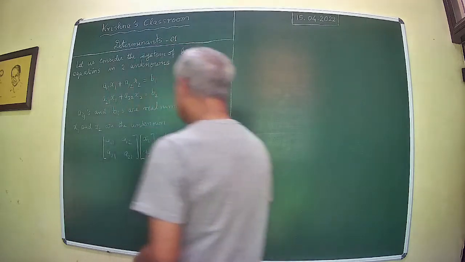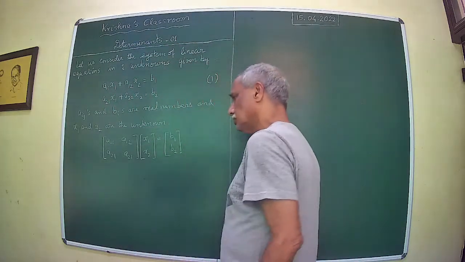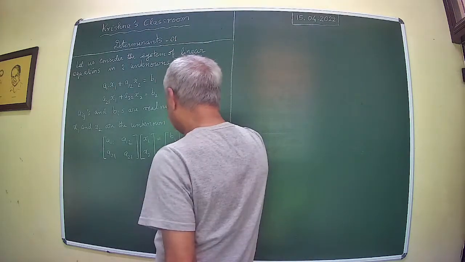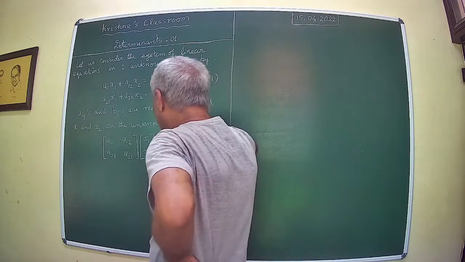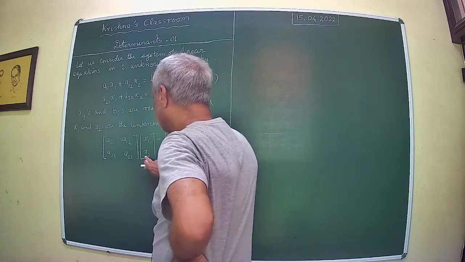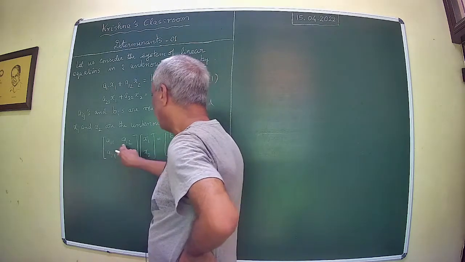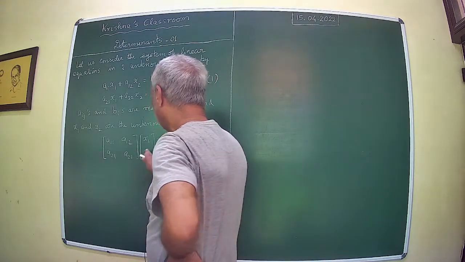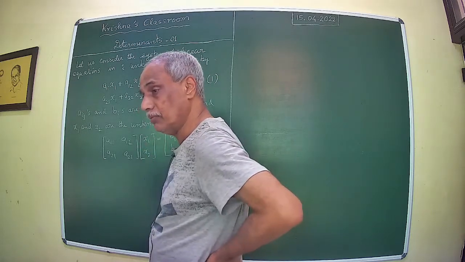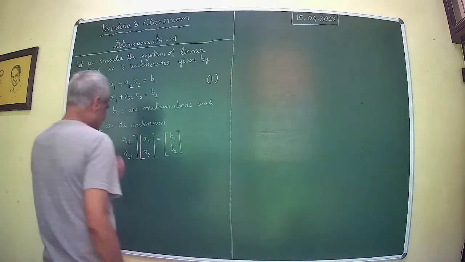So the problem is this: given b1, b2, say in R2, okay, the vector b1, b2 in R2, does there exist a vector x such that the action of the 2 by 2 matrix A11, A12, A21, A22 maps that vector x to the vector b1, b2. This is the problem.